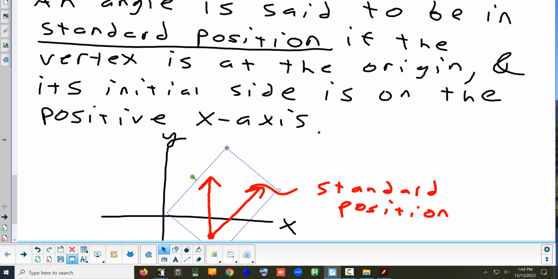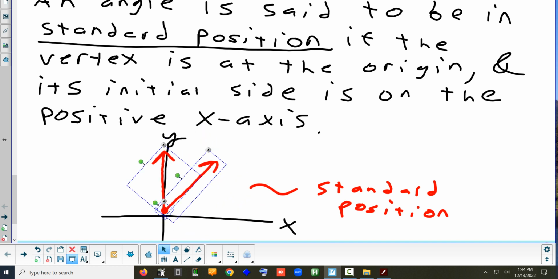All right, how about if I did something like this? Is that standard position? No. What's wrong this time? What part of the definition is now messed up?